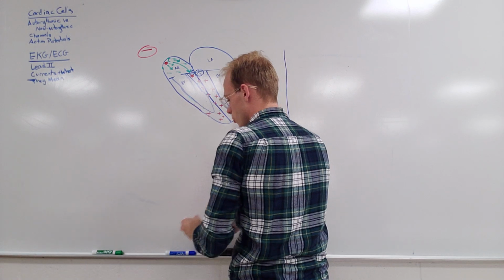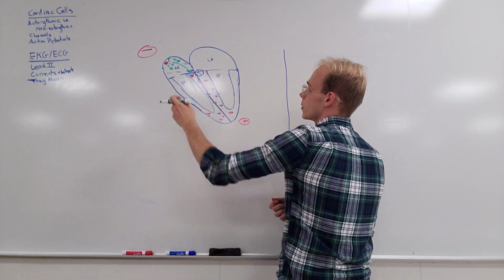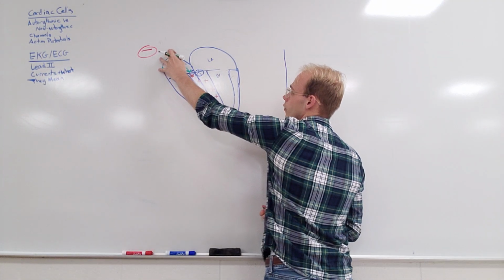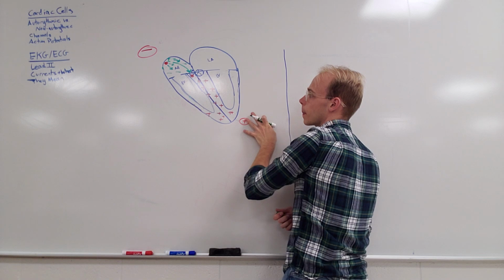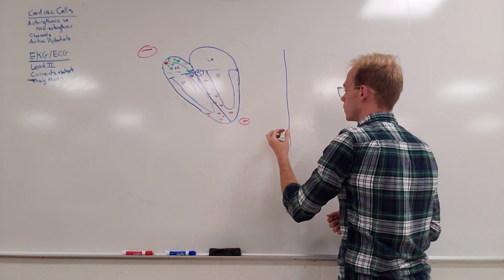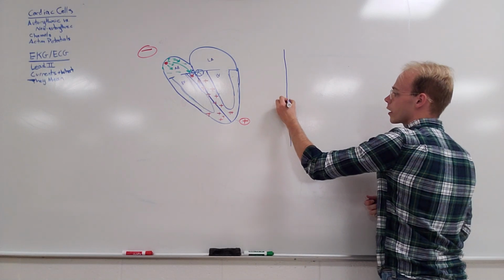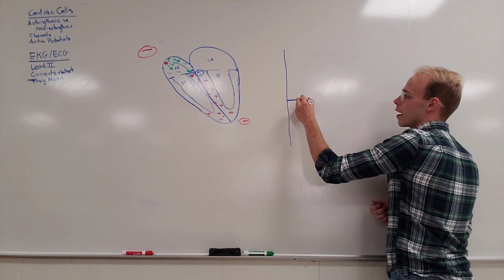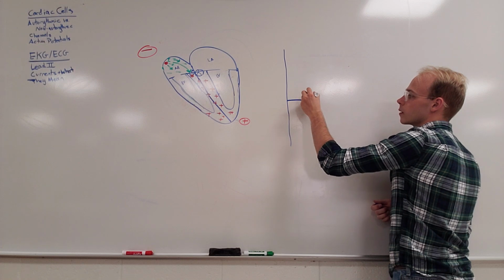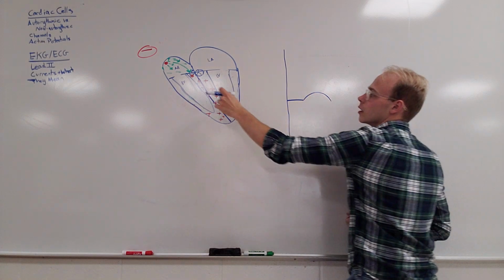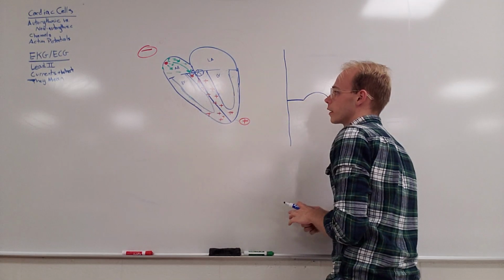So you would agree that we've got some kind of net movement this way, right? Yeah. So on our EKG, before, the heart has nothing because there's no movement, and then we start getting this little depolarization, this negative interacting here.